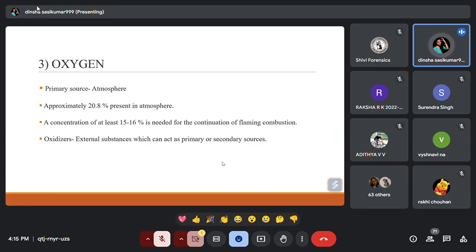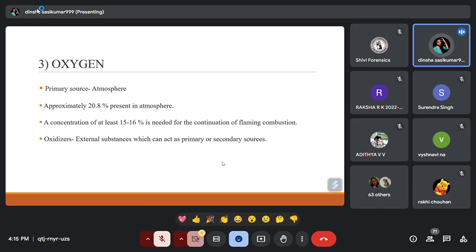The primary source of oxygen is the atmosphere itself. Our atmosphere contains approximately 20.8 percent oxygen, but a concentration of about 15 to 16 percent is needed for the continuation of flaming combustion. But we can add some external agents, called oxidizers, which can act as primary or secondary sources, for example chlorine or ammonium chloride.